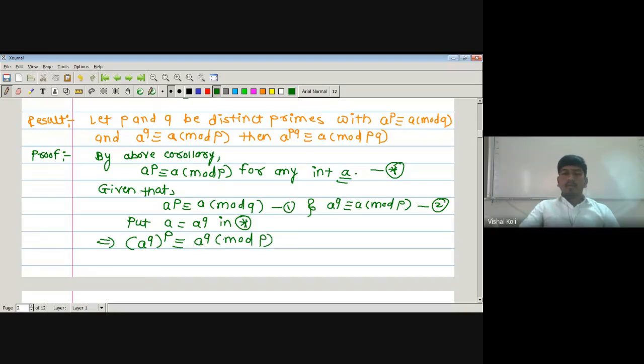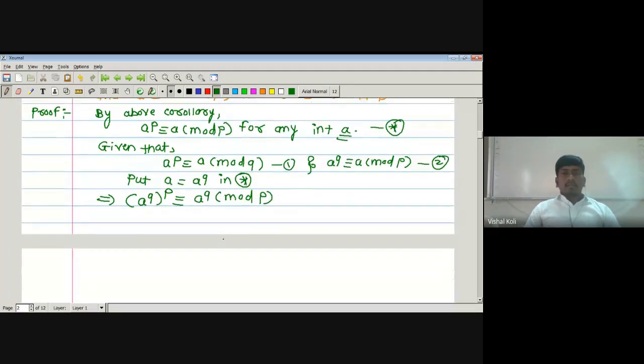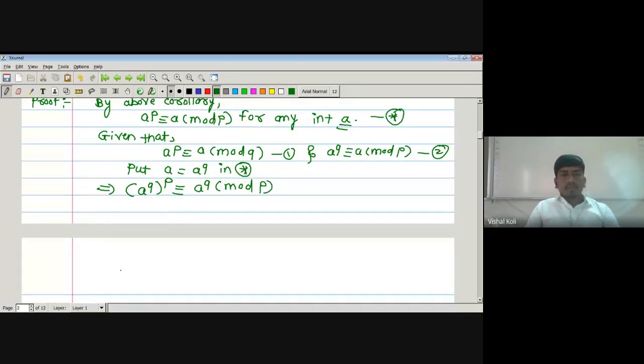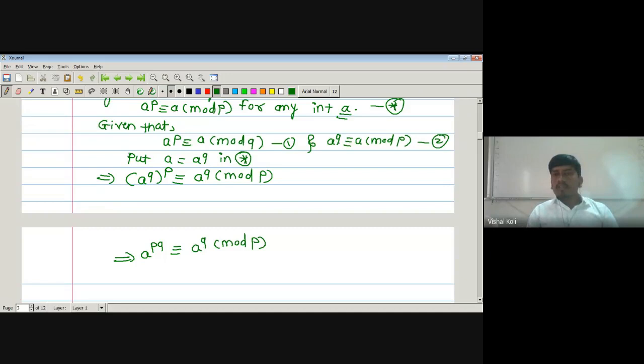Since here we have taken the value of a as a to the power q, this is nothing but a to the power pq congruent to a to the power q modulo p. But a to the power q is congruent to a modulo p.